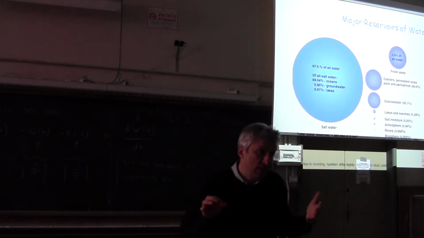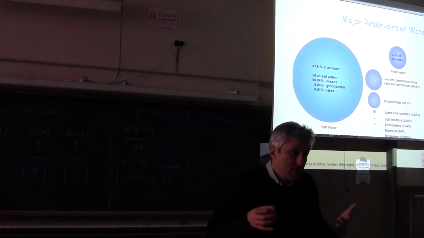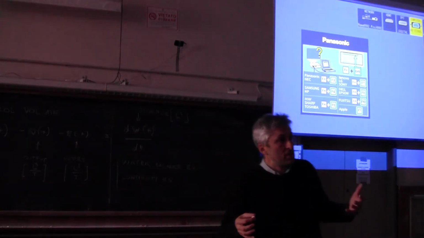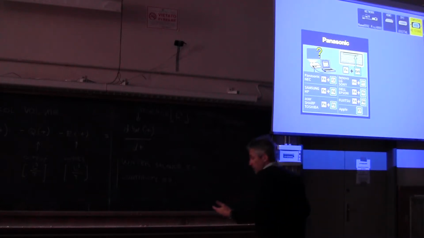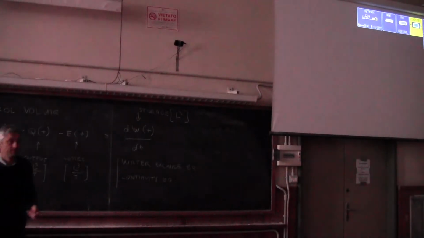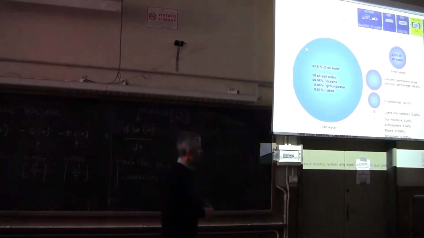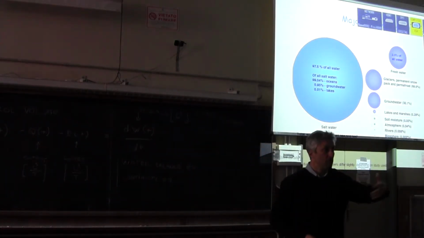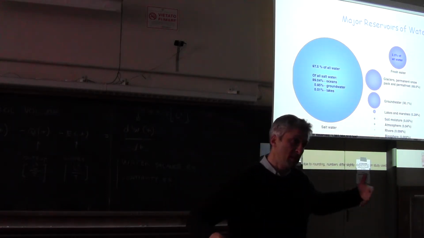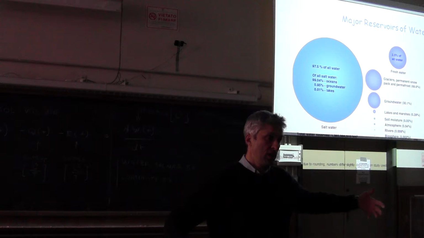So, if one today wanted to start hydrology, what could be a basic principle? Well, you could think that hydrology is the study of movement of water, and the movement of water is dealt with by physics, because it's a body of mass that moves, and therefore you may start from physics.